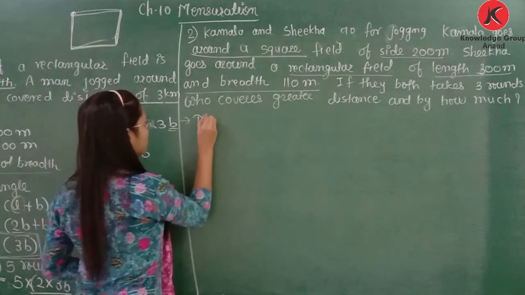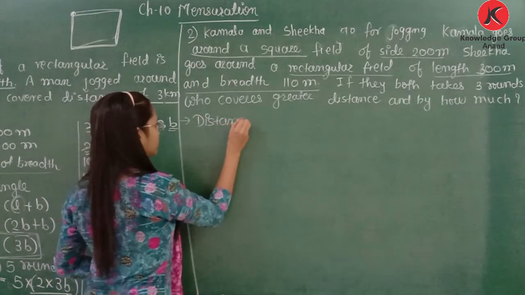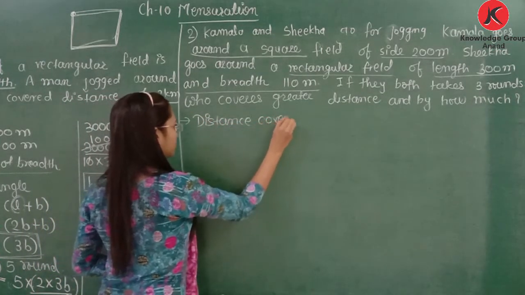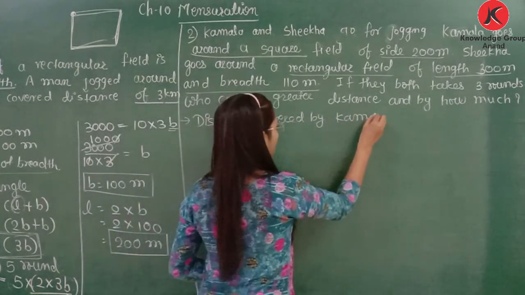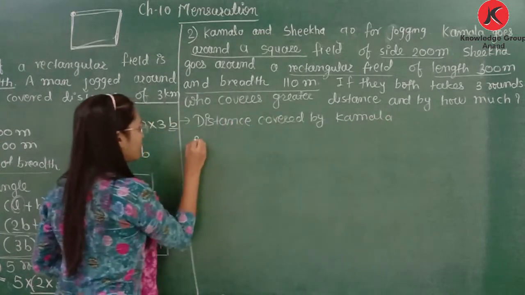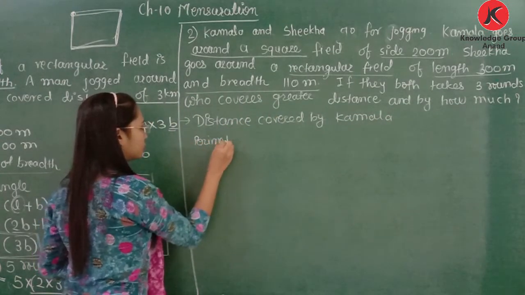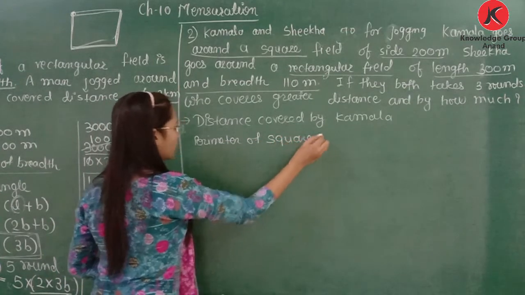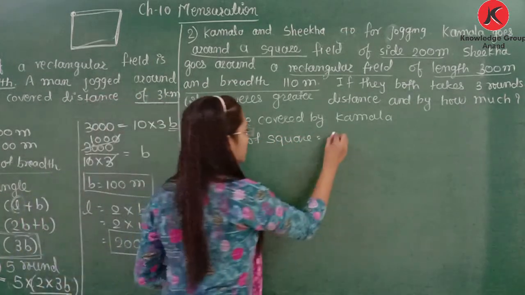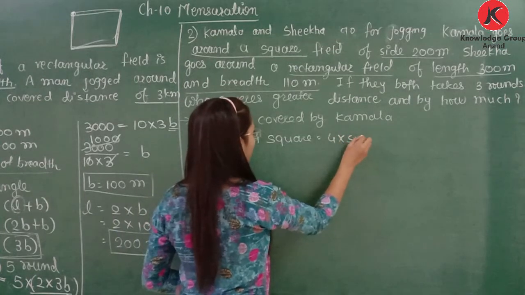So distance covered by Kamla. For that we need to find perimeter of square because she is jogging around a square path. That's why it is 4 multiply side.